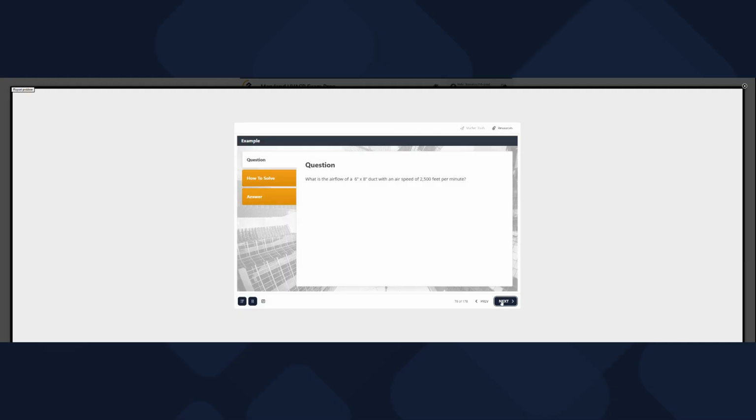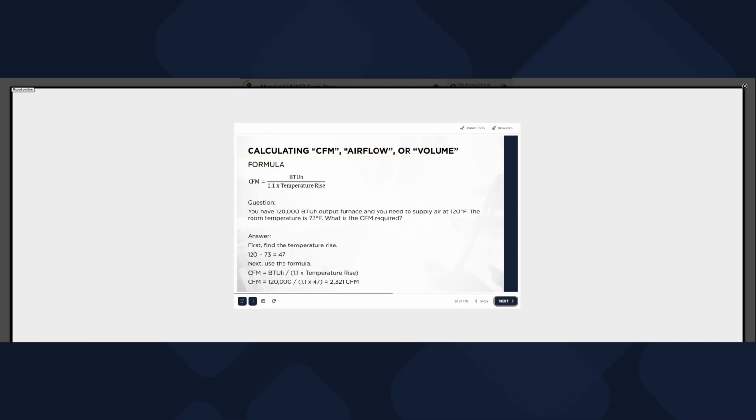Let's work through another example. Click the next button or on each tab to see how to solve. You have a 120,000 BTU-H output furnace, and you need to supply air at 120 degrees Fahrenheit. The room temperature is 73 degrees Fahrenheit. What is the CFM required?